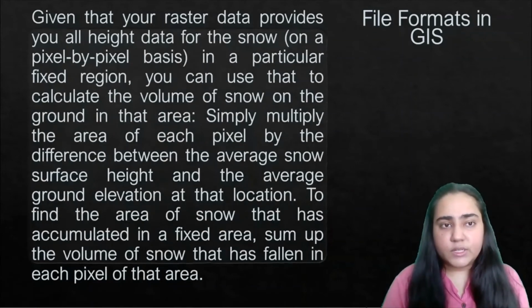Given that your raster data provides you all height data for the snow on a pixel by pixel basis in a particular fixed region, you can use that to calculate the volume of snow on the ground in that area.